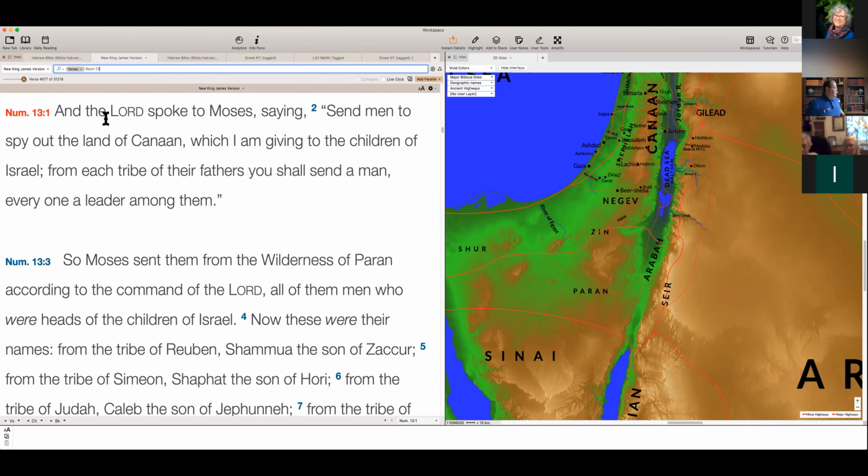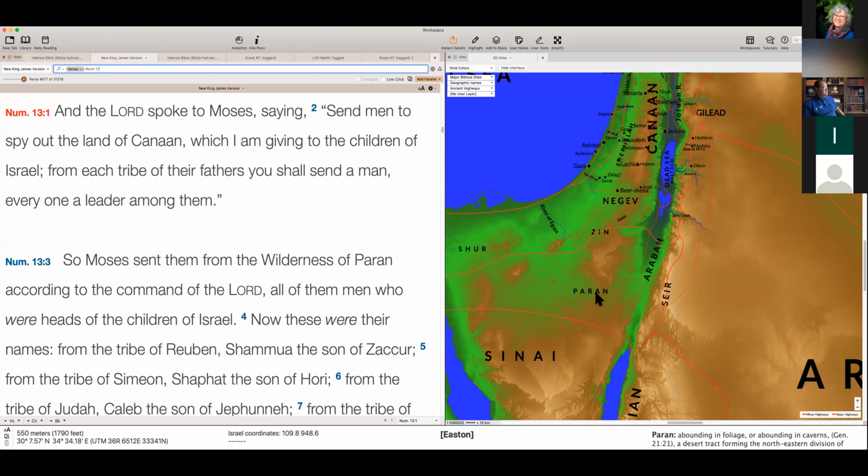So it's kind of interesting. Look at this. The Lord spoke to Moses, saying, send men to spy out Canaan, which I am giving to the children of Israel. So Moses sent them into the wilderness of Paran. See, here's the wilderness of Paran.